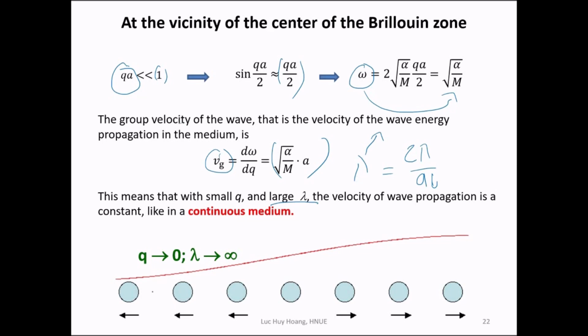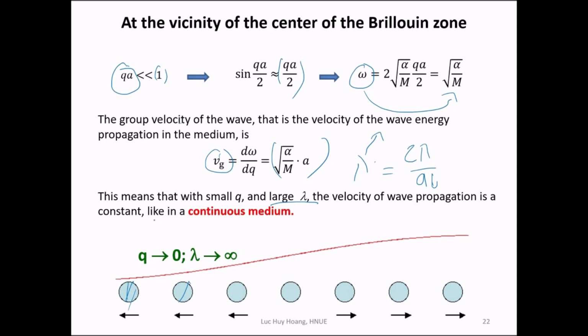This means that because lambda is the repeat of the vibration property of the particles, when lambda is long, two neighbor atoms have a similar vibration property. So we have to go quite far to see atoms that have the same vibration property. So this means if q tends to 0, lambda goes to infinity.